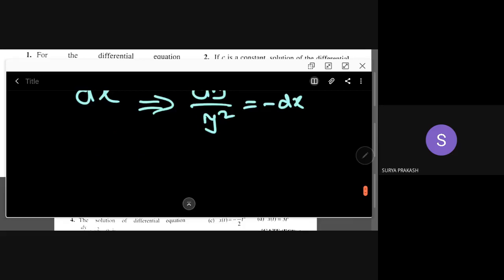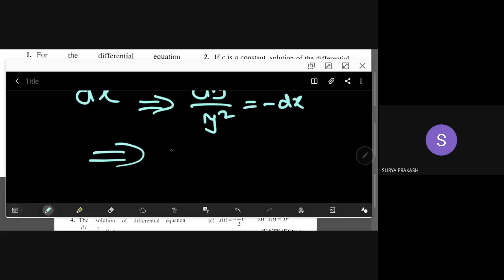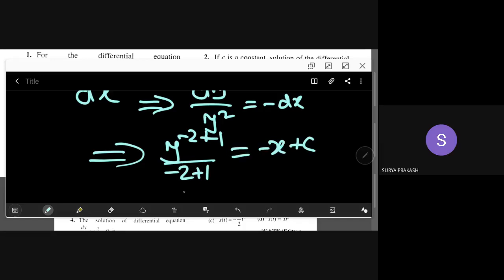So you have y power minus 2 plus 1 by minus 2 plus 1 on the left hand side, and you have minus x plus c. So here y is x plus c, something like this. Is it right?